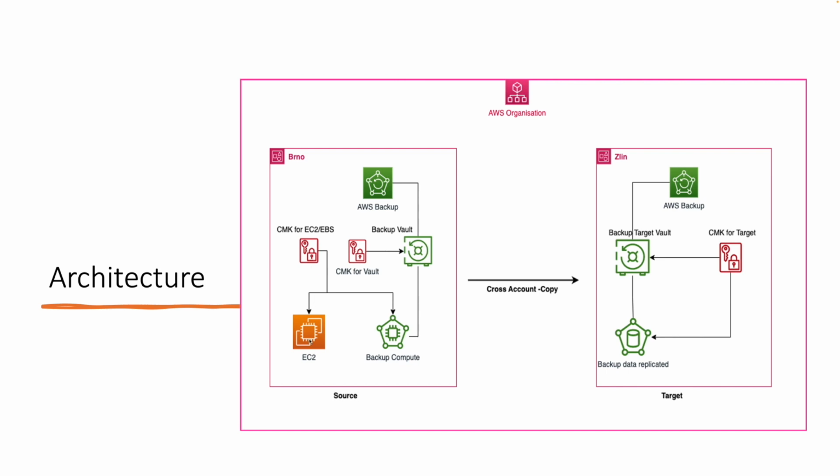So if the EC2 or EBS is managed by the AWS managed key, then the role in the shared service, shared account, or the target account will not be able to decrypt the data. So we have to use a custom CMK for the EBS volume to decrypt it.